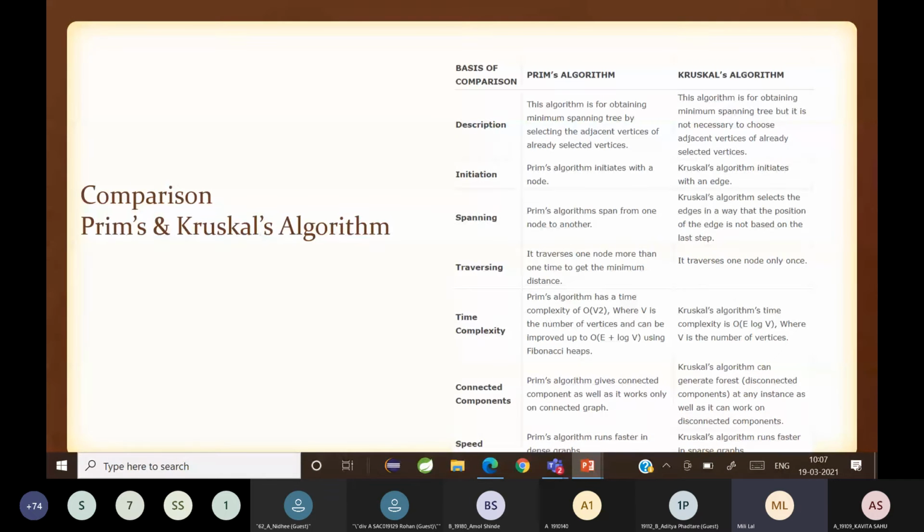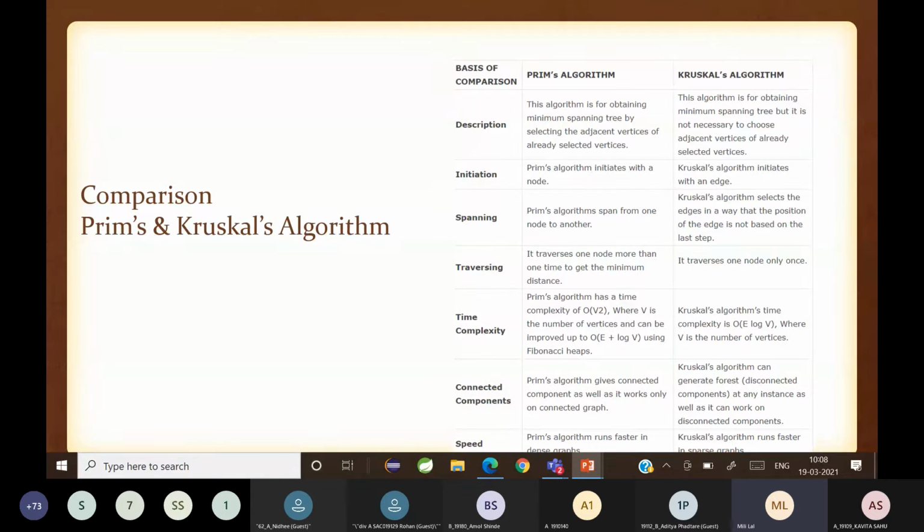Okay, so now the comparison between Prim's and Kruskal's algorithms. Yes, both algorithms are used for finding a minimum spanning tree using a greedy strategy. How does Prim's algorithm work? It works by selecting adjacent vertices of already selected vertices, meaning you follow the edges.